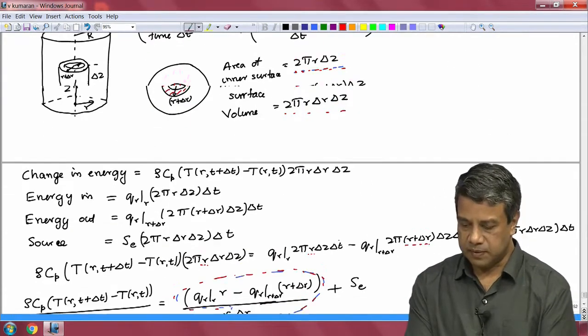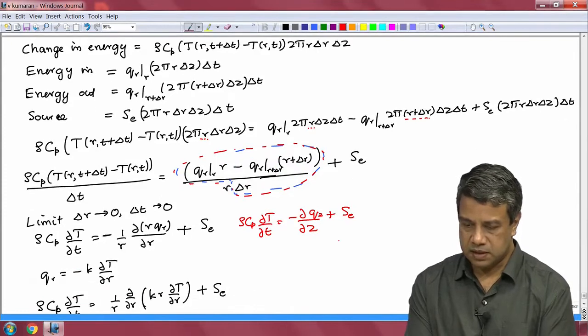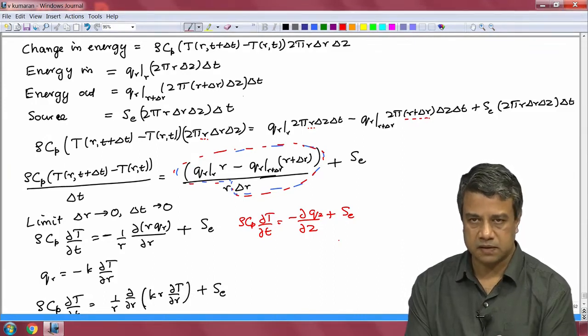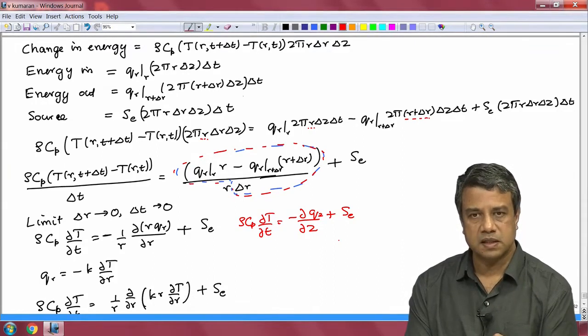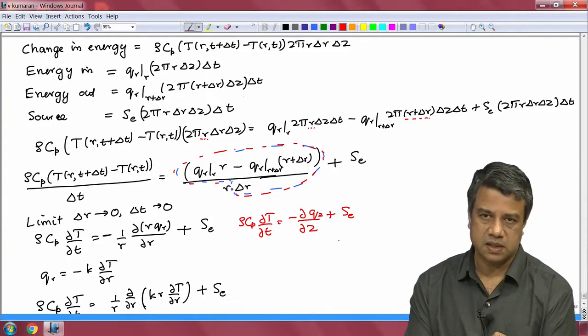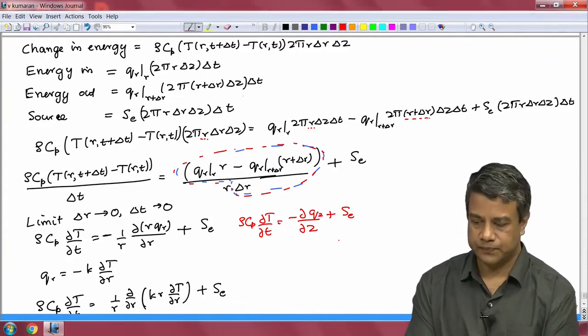And we had derived the balance equation. Change in energy in a time delta t is equal to energy in, flux at the inner surface times the area of the inner surface, minus energy out, flux at the outer surface times the area of the outer surface, plus the source times the volume times delta t.